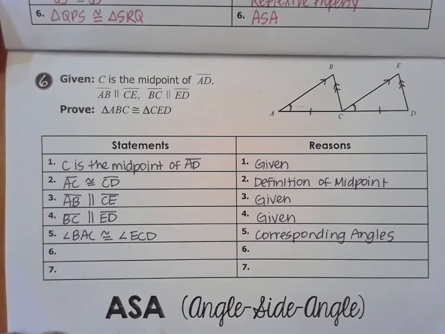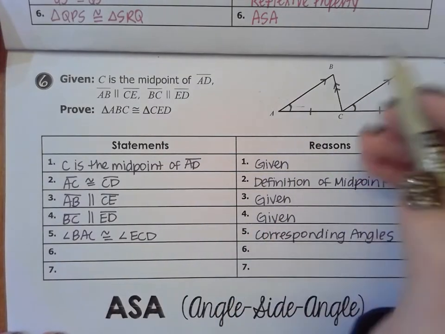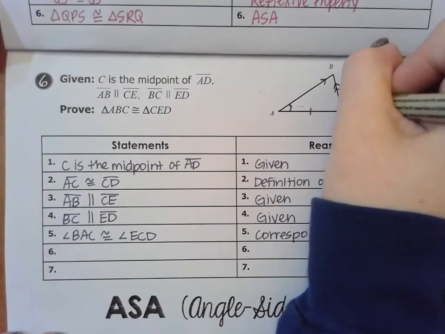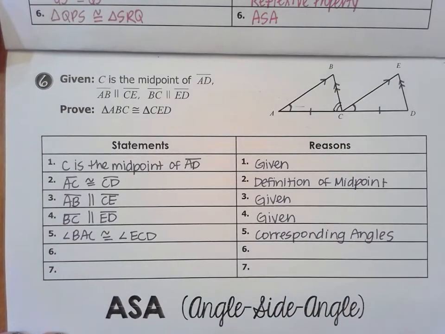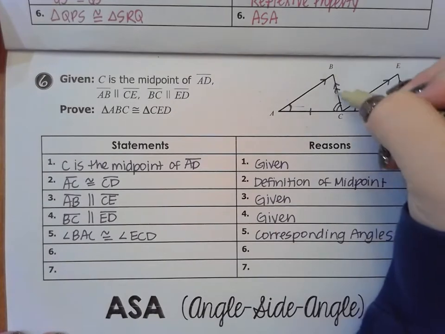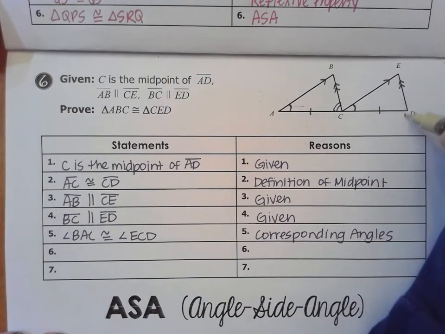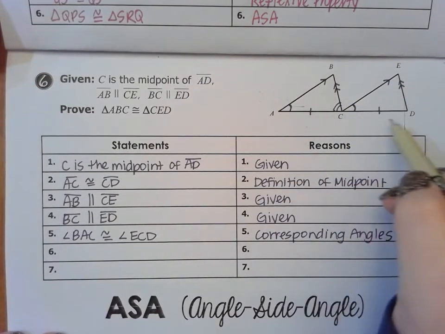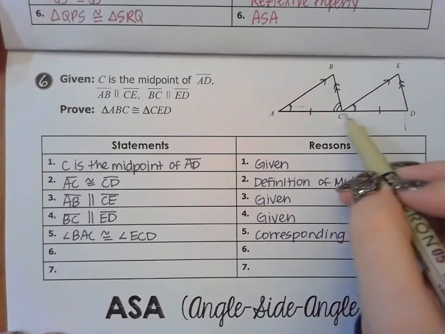Now remember, we're trying to do the angle side angle postulate. So we have angle side. So now we've got to use this angle. Well, what do I know that this angle is congruent to? Well, I have this parallel line and this parallel line cut by this transversal. So hey, looky there.